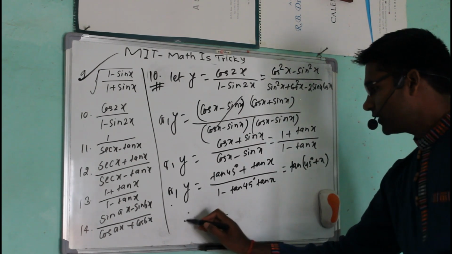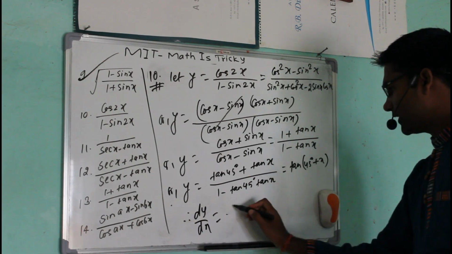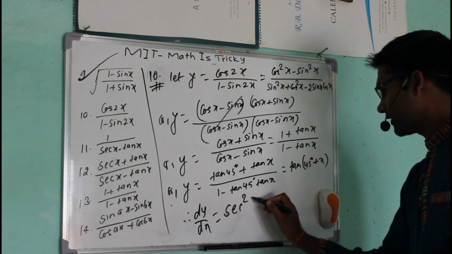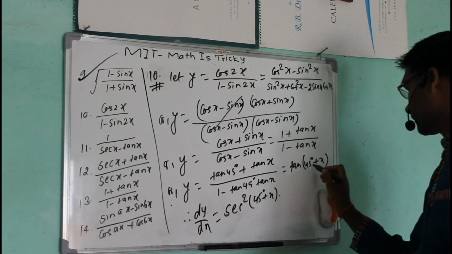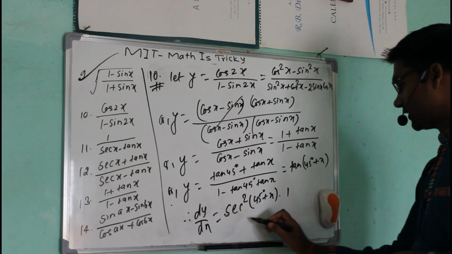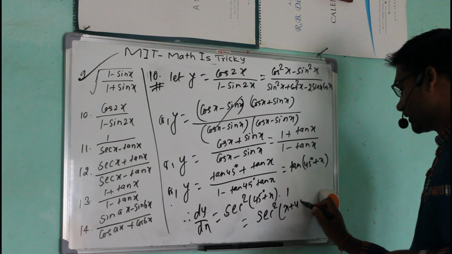Therefore dy by dx will be simply the derivative of tan x, which is sec square of 45 degree plus x, and the derivative of 45 plus x is 1, so no need to write it. The answer is sec square of x plus 45 degree.